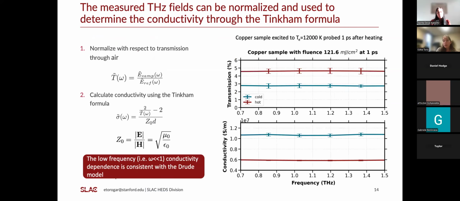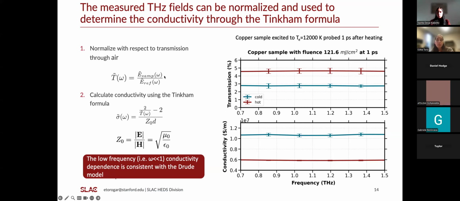Now, going forward, we just saw how we start with a raw measurement of the transmission of the terahertz, and we obtain an electric field. And now that we obtain an electric field, we could technically get a transmission really easily by just measuring the signal through air versus the signal through a sample.